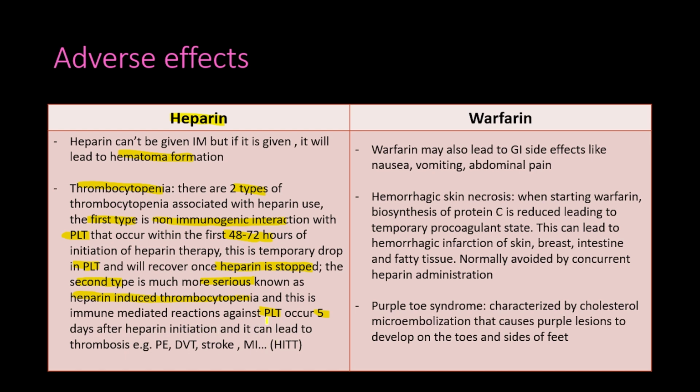And the second type can lead to thrombosis, so it can lead to pulmonary embolism, deep vein thrombosis, stroke, and myocardial infarction, which is called the heparin-induced thrombocytopenia and thrombosis. So the second type is very dangerous because it may lead to thrombocytopenia and thrombosis at the same time.